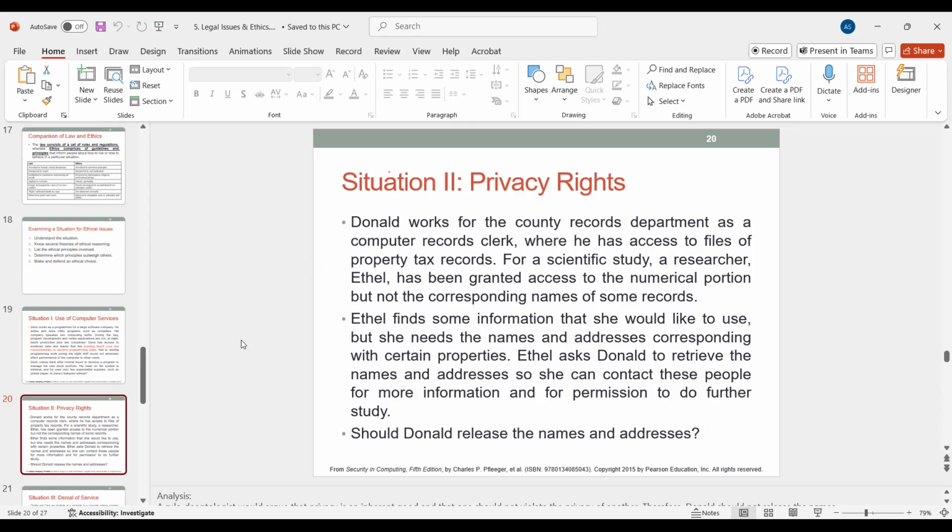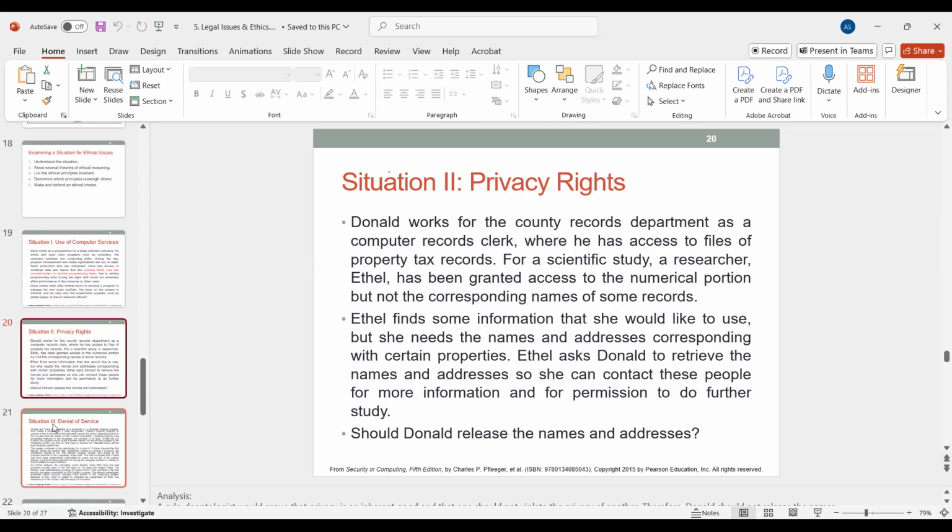Without getting permission, we cannot share that information for Ethel to do his research. So it's not ethically correct behavior if Donald shares that information. So you need to justify the statement related to the privacy concern.